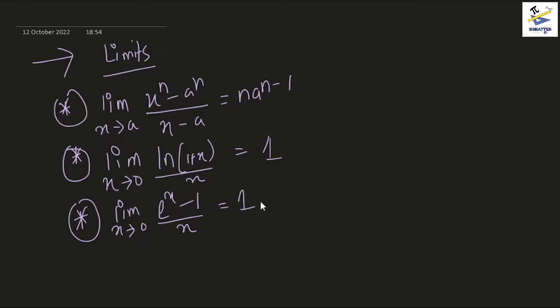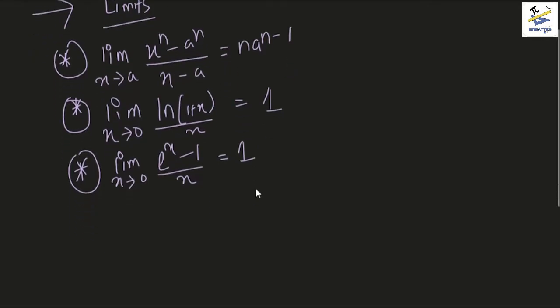These two limits are almost the same kind of limits because, as you know, we proved them using the Taylor series expansion of the functions log of 1 plus x and e to the power x. So that's why I'm writing them simultaneously. So these two limits were also there.